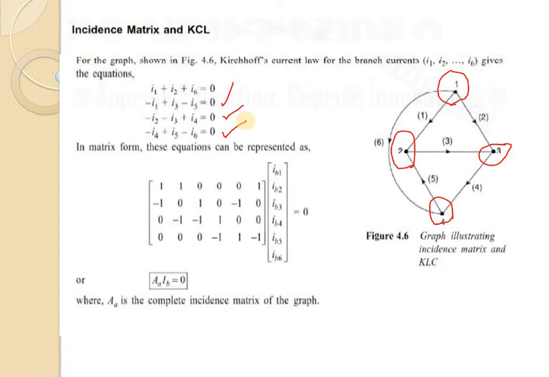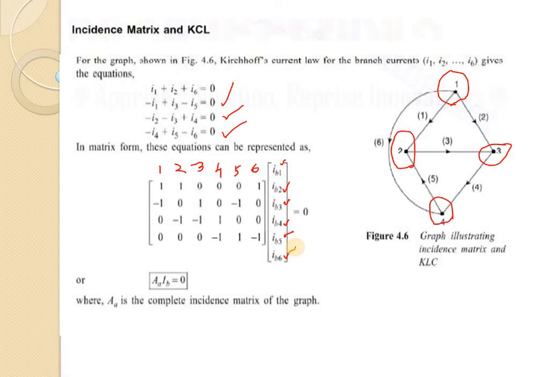Here we have 6 branches, so our columns will be 1, 2, 3, 4, 5 and 6. Six branches means six currents, that is I1, I2, I3, I4, I5 and I6.